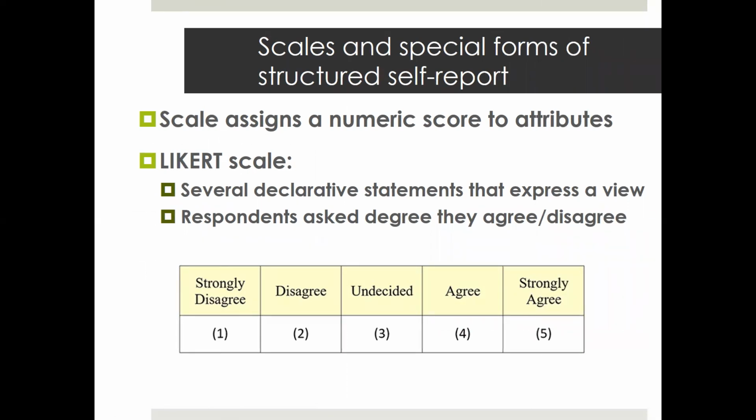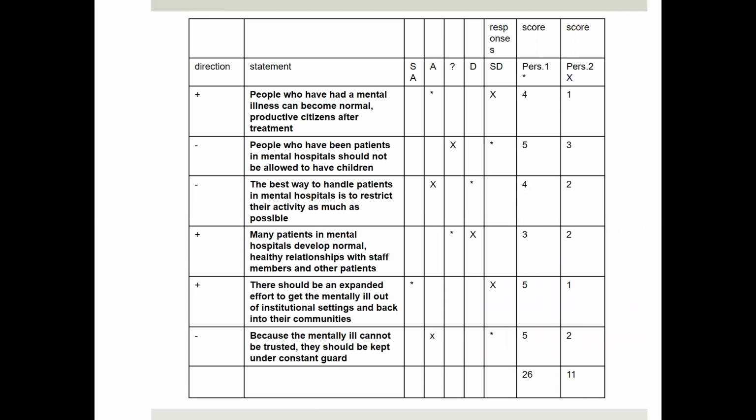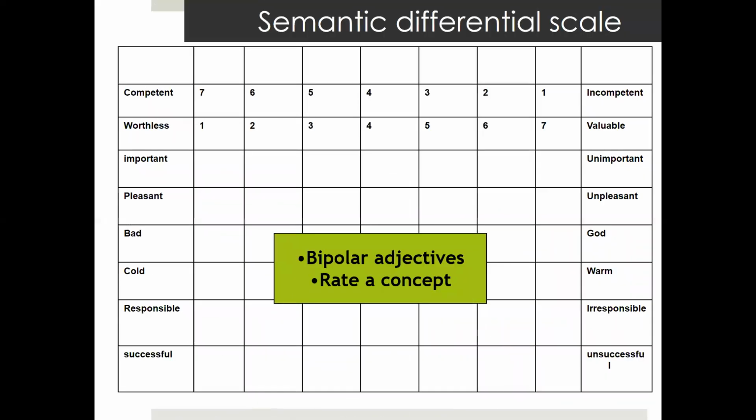There are declarative statements that express a view, and the respondent is asked to what degree they agree or disagree with that, and they choose one of these 5 categories. I've also seen these done with 7 levels, but 5 is the most common. It's always an odd number. And so Likert scales are a very important way that we collect data.